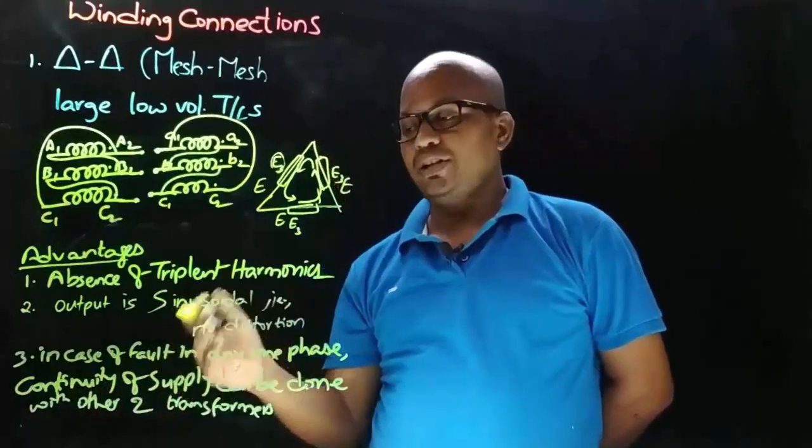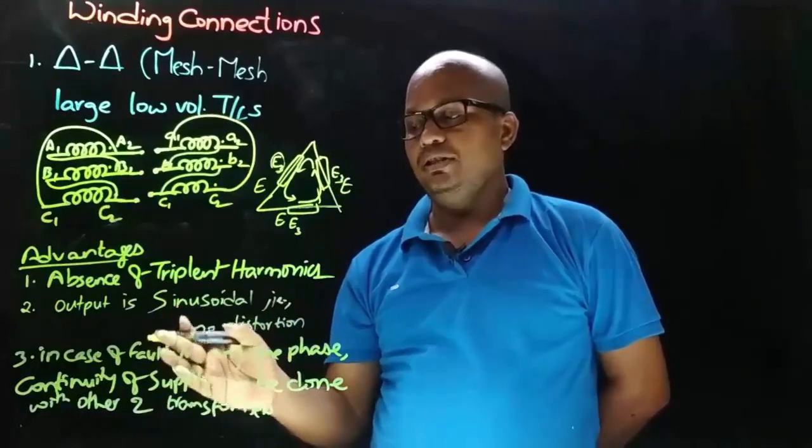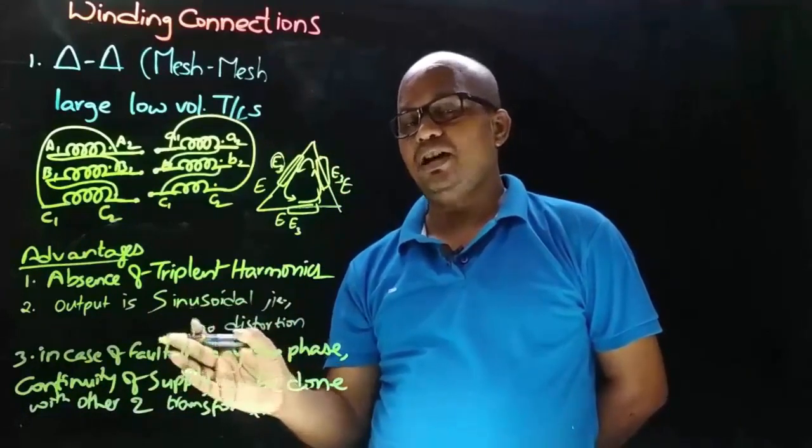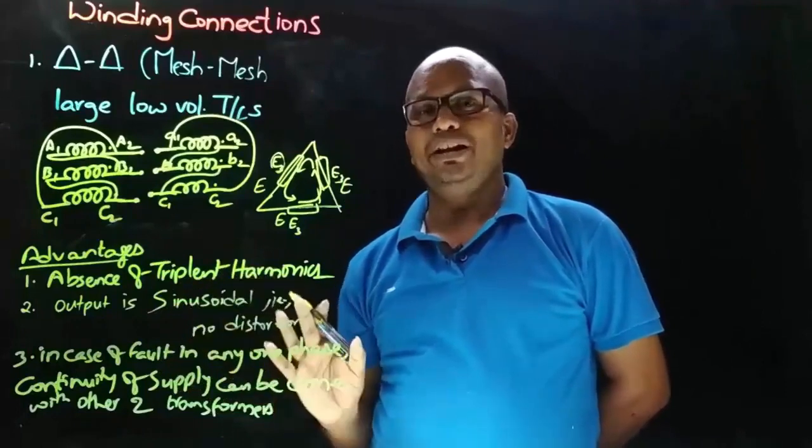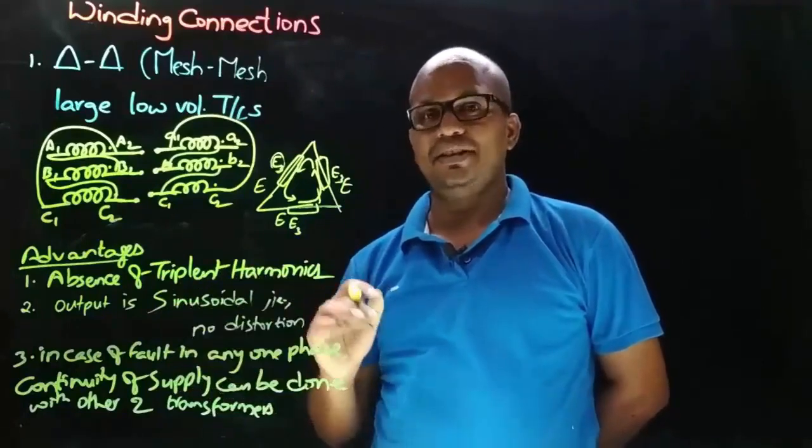Means if there is a fault in any one of the transformers, then the continuity of supply can be maintained with the other two transformers, that is by open delta connection. That will be discussed later.